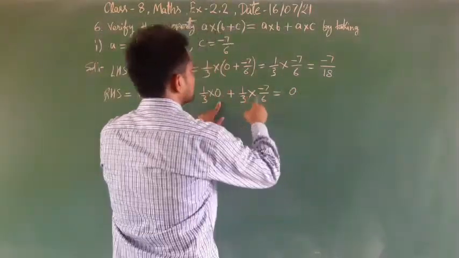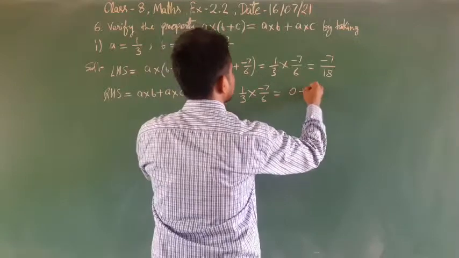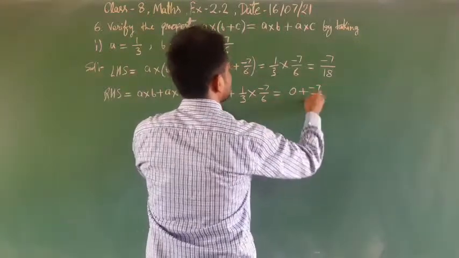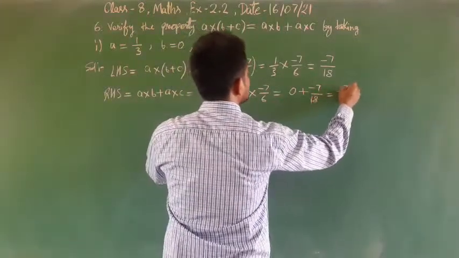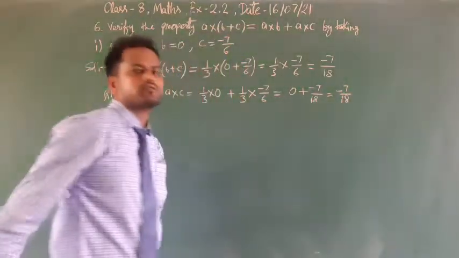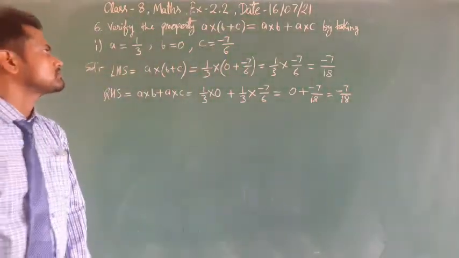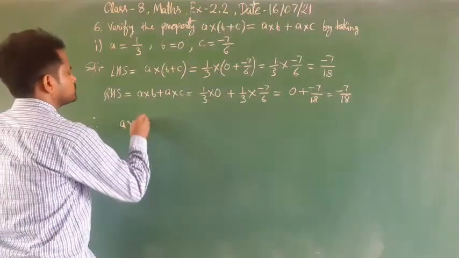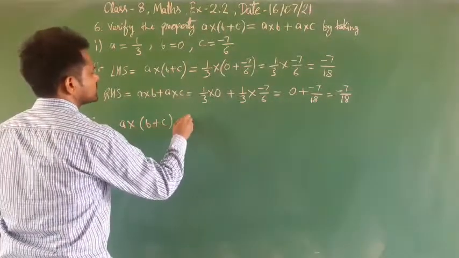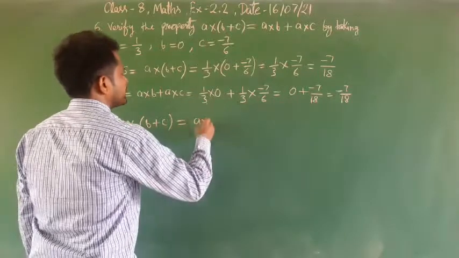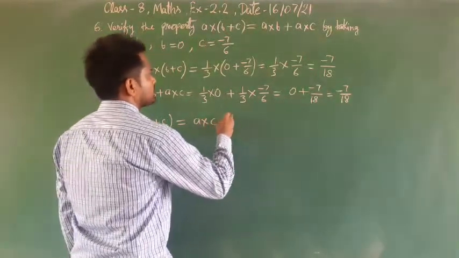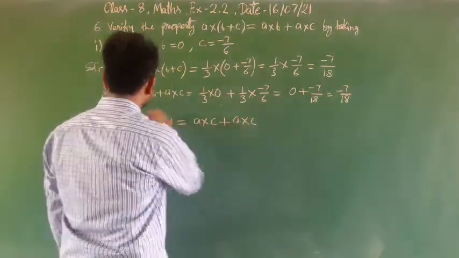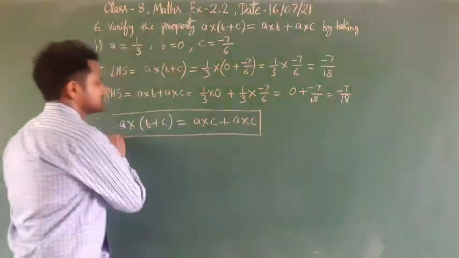And here minus 7 into 1 is minus 7, and 3 into 6 is 18, that is minus 7 by 18. Both values are the same, so we can say that A into (B plus C) is equal to A into B plus A into C. It is verified.